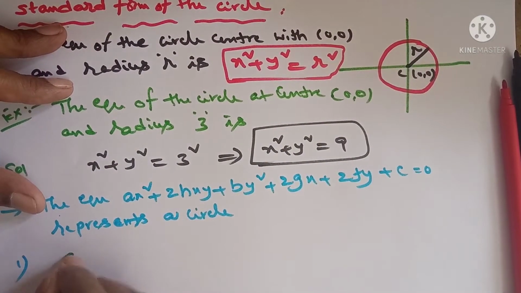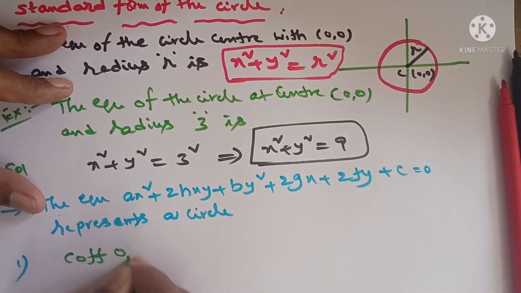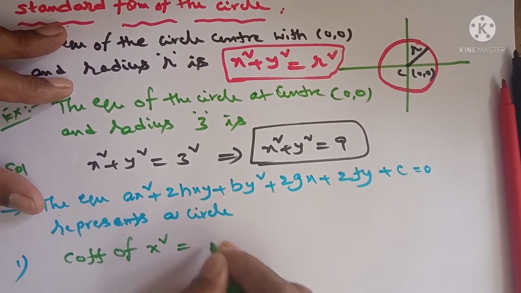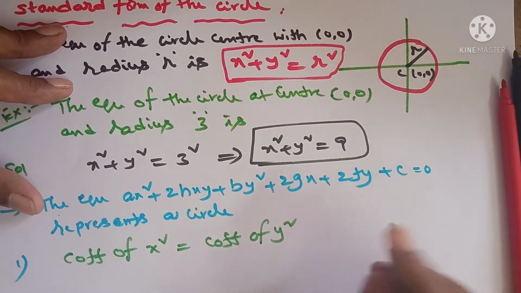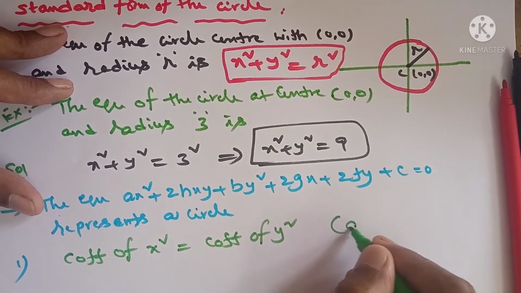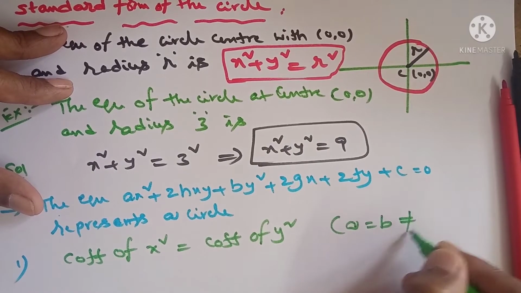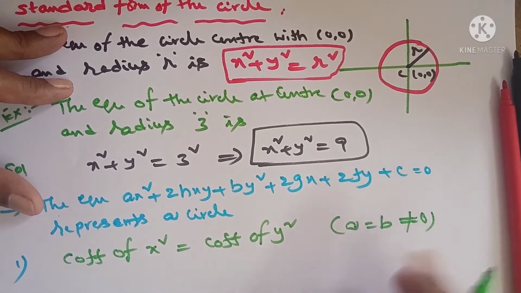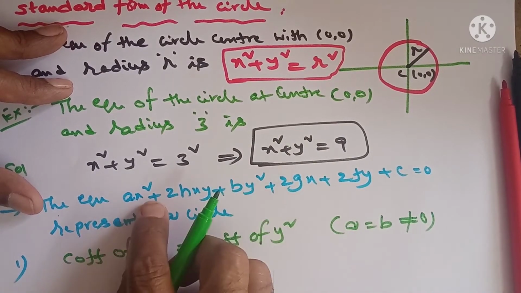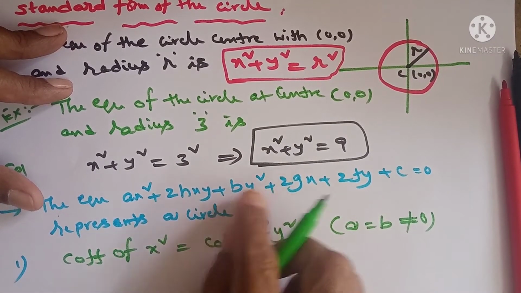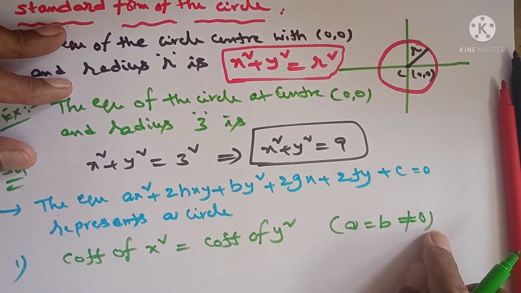The first one is coefficient of x square is equal to coefficient of y square. That means a is equal to b and not equal to 0. Both x square coefficient and y square coefficient should be the same, but not equal to 0.